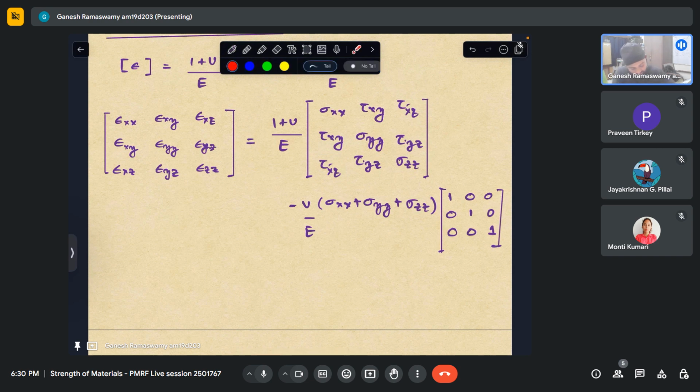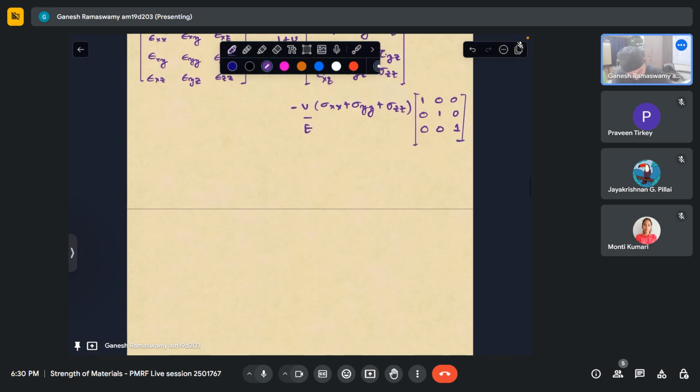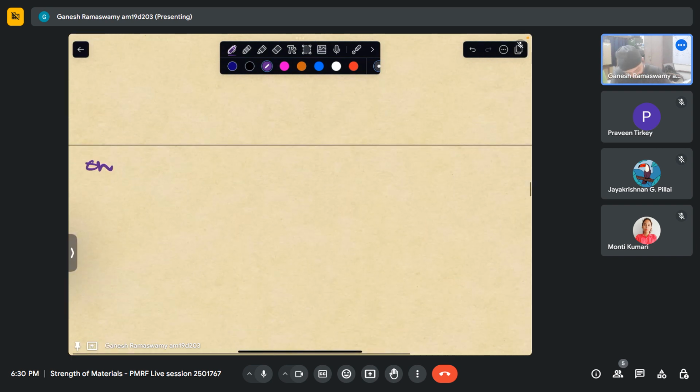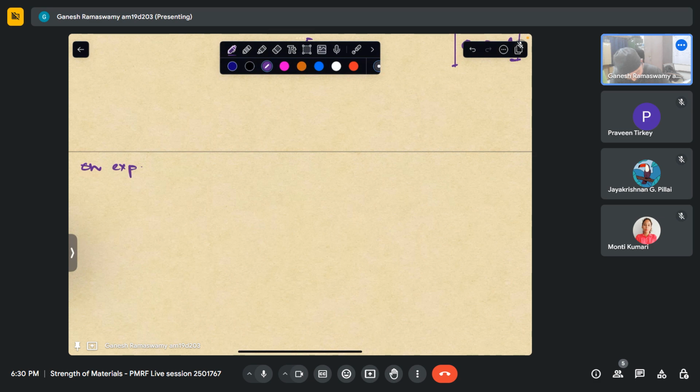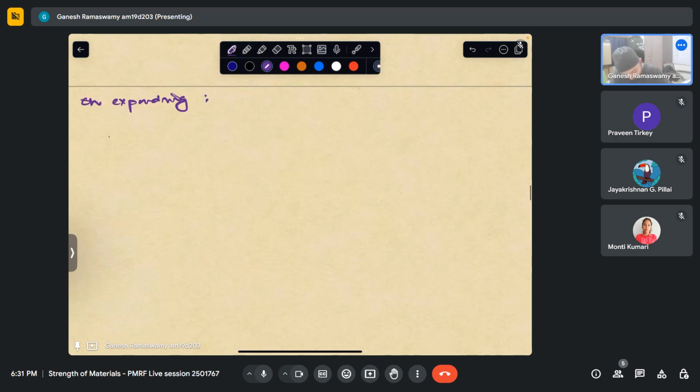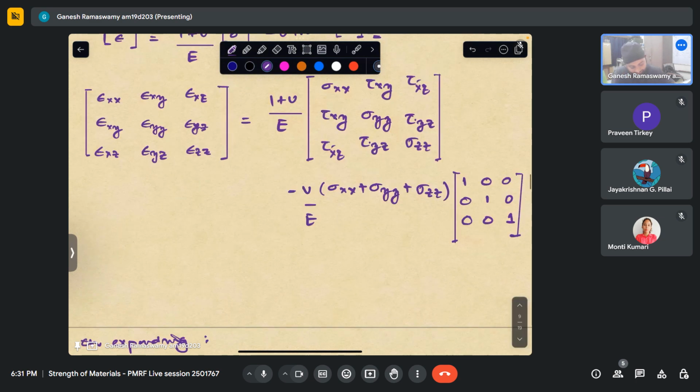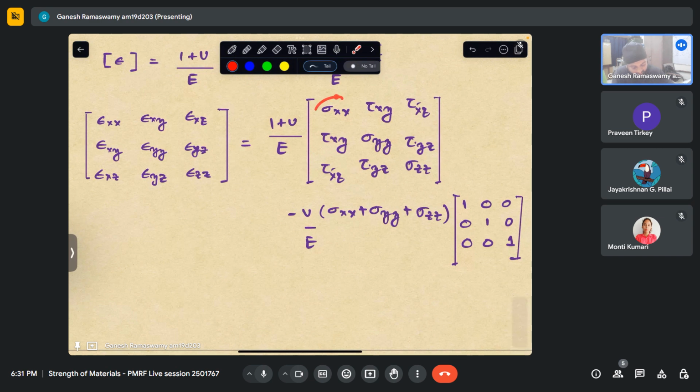Now we can see that the same relations come on expanding. We'll get epsilon xx as this into this, minus this entire term into 1. So 1 plus mu into sigma xx, minus mu into sigma xx.